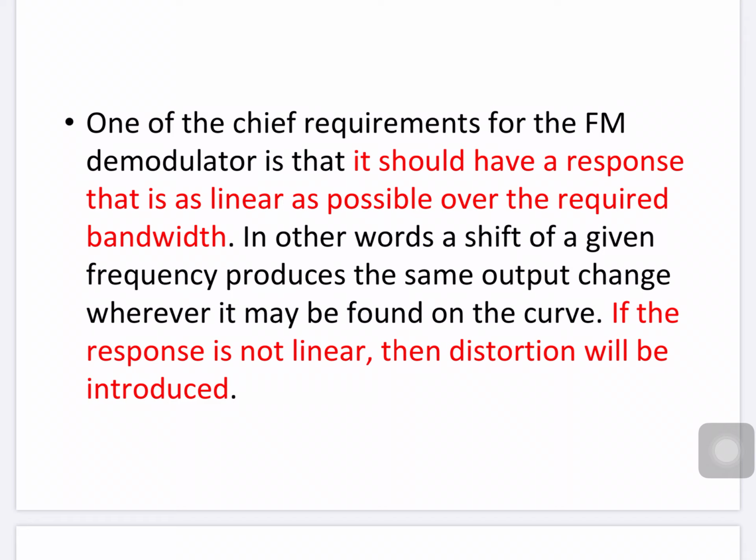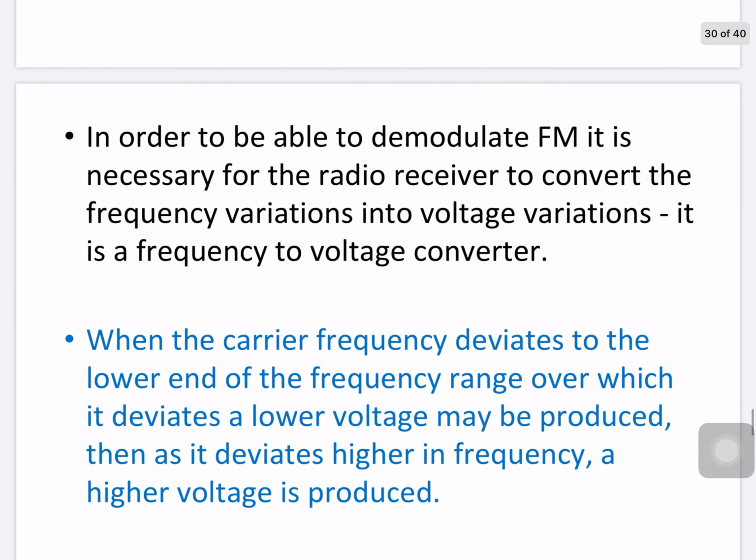In other words, a shift of a given frequency produces the same output change wherever it may be found on the curve. We will see what this linearity is in a diagram on one of the following slides. If the response is not linear, then distortion will be introduced.